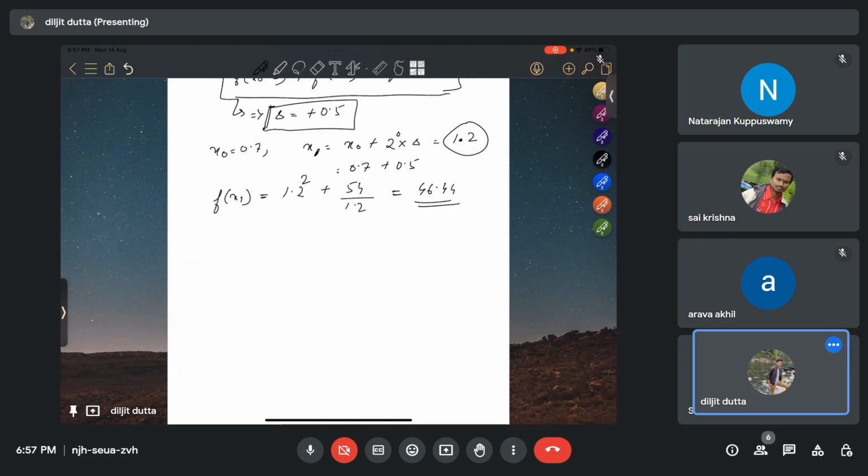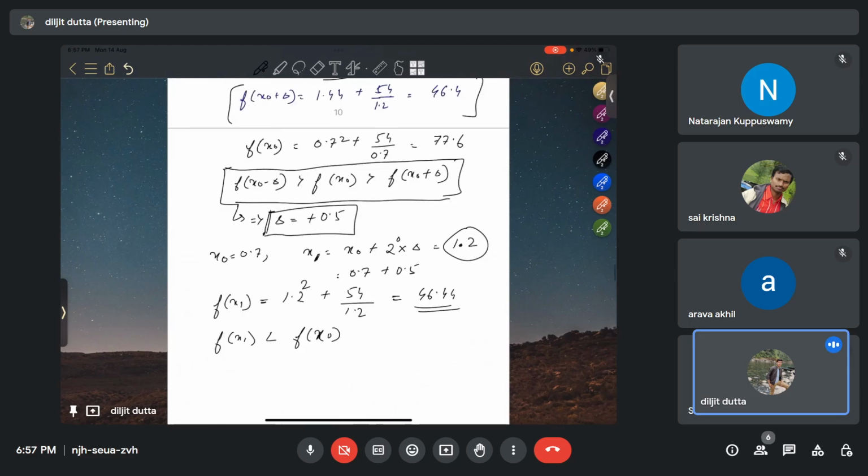Now f of x1 is less than f of x naught, right? Because at x naught we have already seen that f of x naught is 77.6. So f of x1 is less than f of x naught.